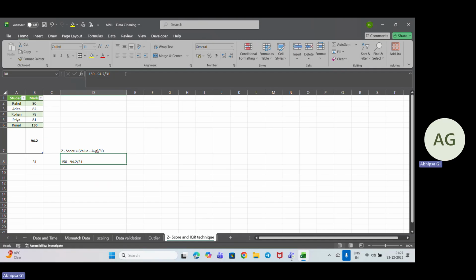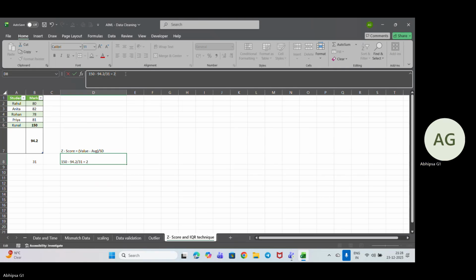Approximately, not exact, it will be coming around 2 point something.